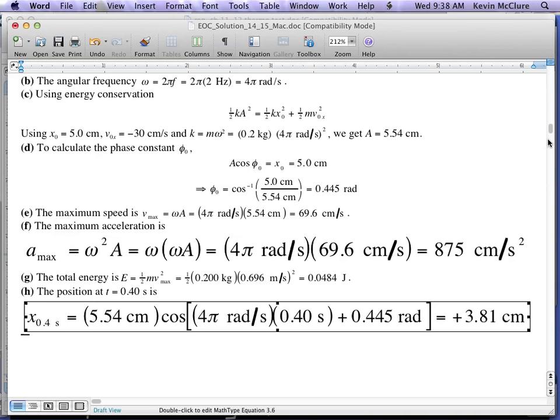And then I took the velocity function v(t), and the initial velocity negative 0.3 meters per second. After solving for omega, I plugged omega in, so then negative 0.3 equals negative 4a sine phi. Mm-hmm. And then I isolated a in both those equations and set them equal to each other.